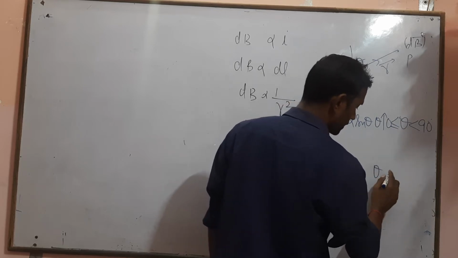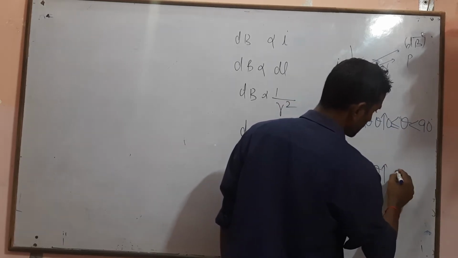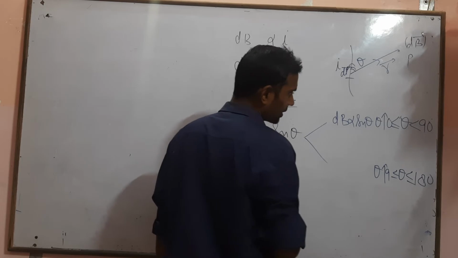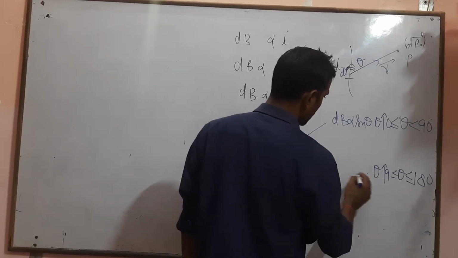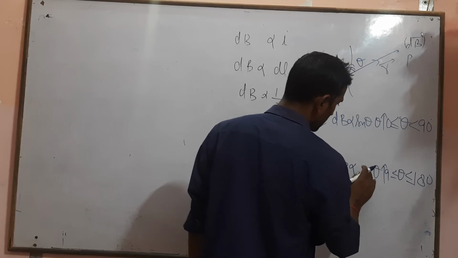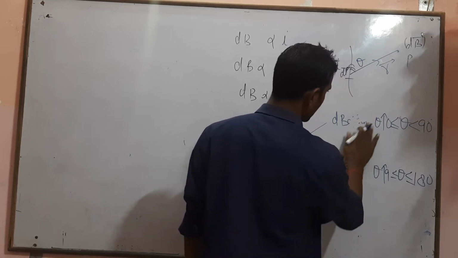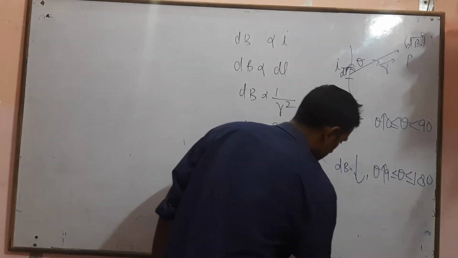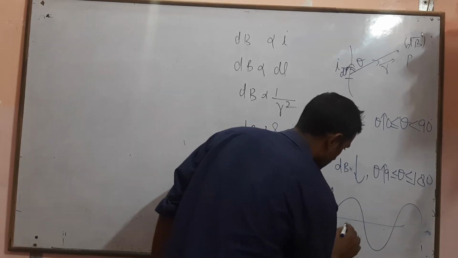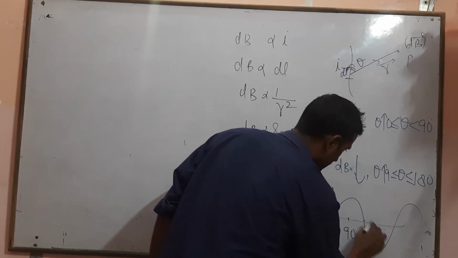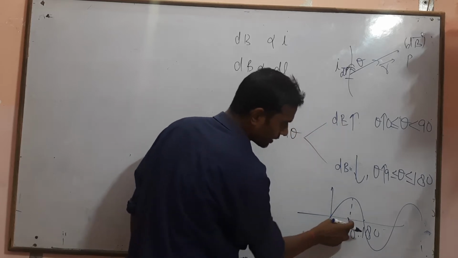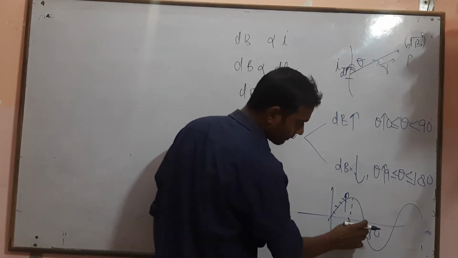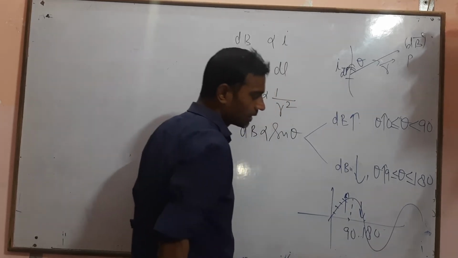If theta increases from 90 to 180 degrees, dB will decrease. This is because of the sin theta graph: this is 90 degrees, this is 180 degrees. Sin theta increases from 0 to 90 degrees, and from 90 to 180 degrees dB decreases.